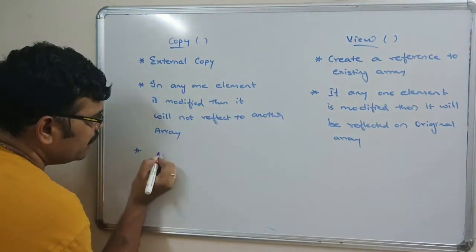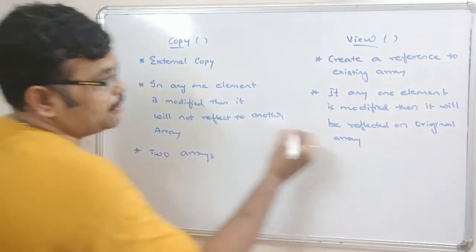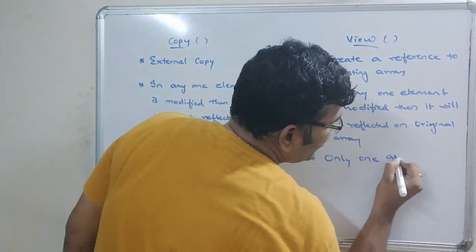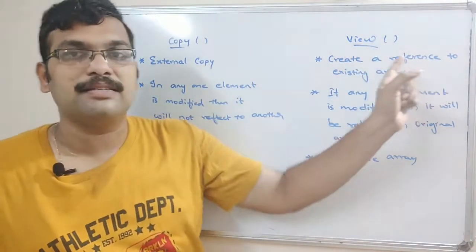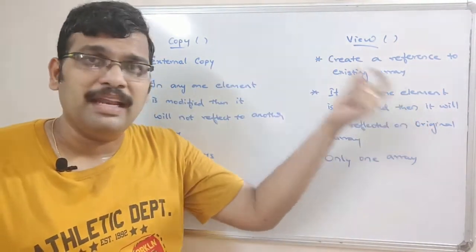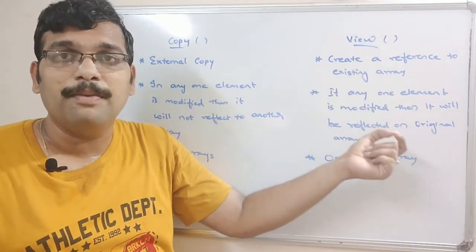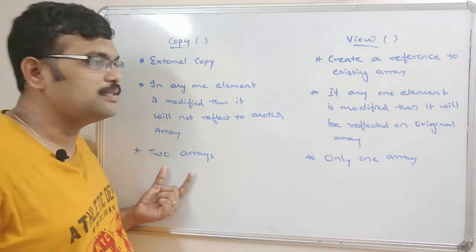Simple thing. So with copy we'll have two arrays, but with view we have only one array, because the other array is a reference to the existing array. That's why if we modify any one element in the view, automatically that will be reflected on the original array, right?